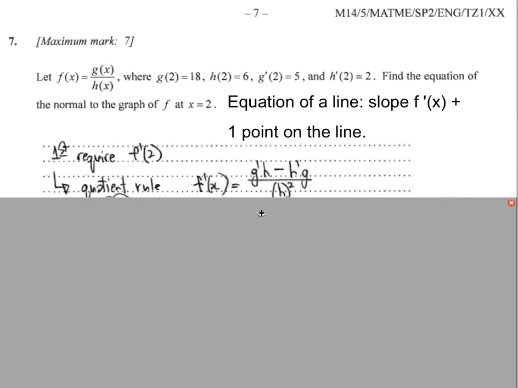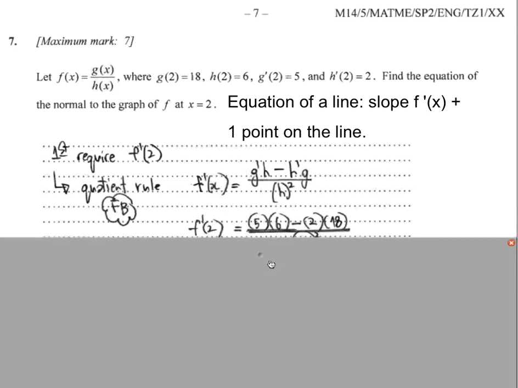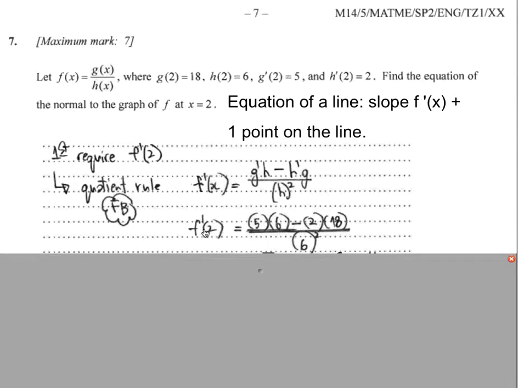Quotient rule from our formula booklet: the value of the first derivative at 2 is equal to the first derivative of the numerator at 2 times the denominator as it is at 2, minus the derivative of the denominator at 2, which is 2, times the value of the numerator at 2, which is 18.